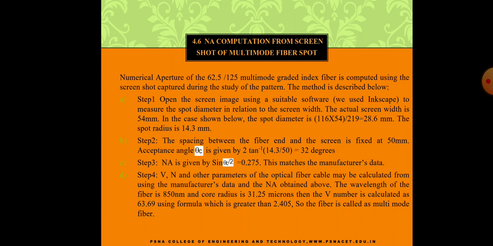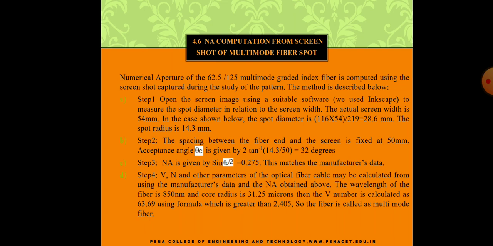Here 116 is the diameter of the light intensity displayed on the screen, 54 is the total width of the screen, and 219 is the total length of the screen. The total calculation gives the value of 28.6 mm. So this is the diameter of the spot.